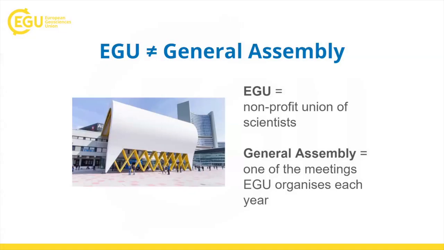Our biggest is certainly the General Assembly, which we have annually in April or May, and it's the biggest meeting we organize. But we also have a lot of other activities and initiatives, including support for people, including funding, but also including volunteer activities for community building.